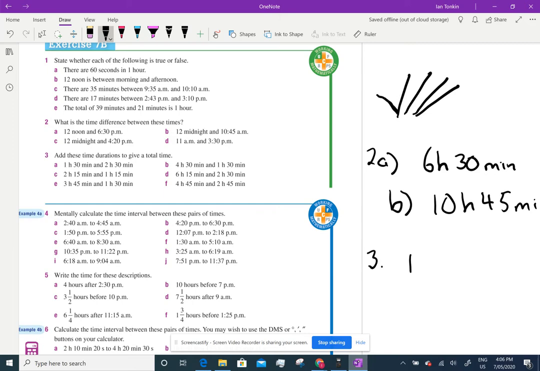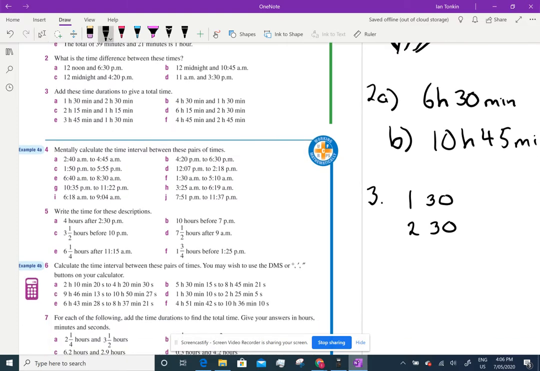So I've got 1 hour and 30 minutes plus 2 hours and 30 minutes. Well, 30 plus 30 is 60, so 3 hours, and 2 plus 1 is 3. 3 hours and 60 minutes, but 60 minutes is an hour. So 3 hours and 60 minutes is 4 hours.